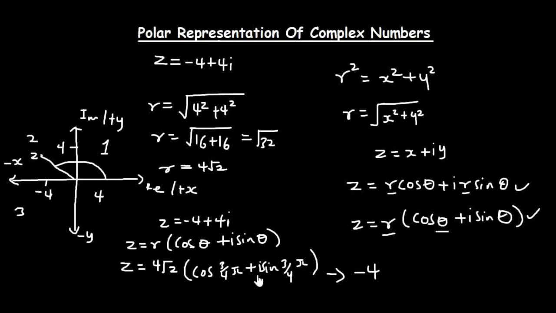Let's multiply this with the sine. When I do that, it also gives plus 4i. So you see that you can convert from rectangular form to polar form, and then convert it back from polar form to rectangular form. That's what polar representation of complex numbers means.